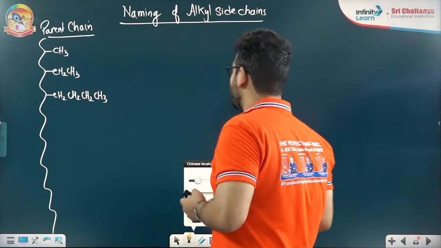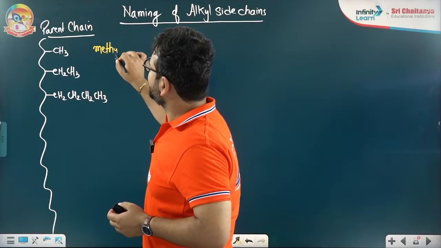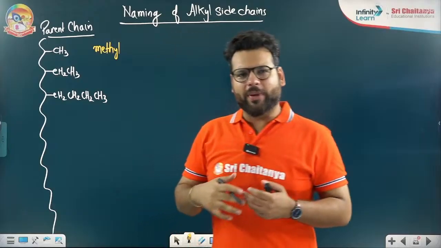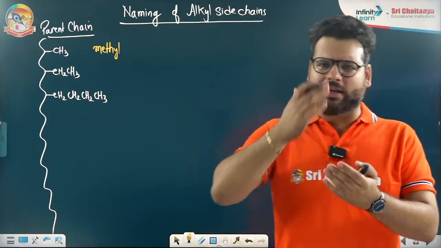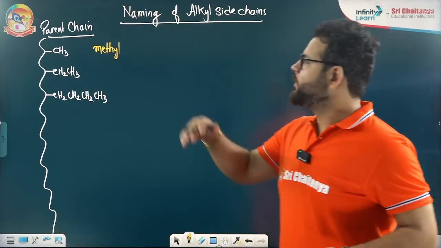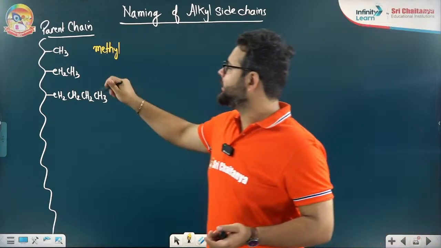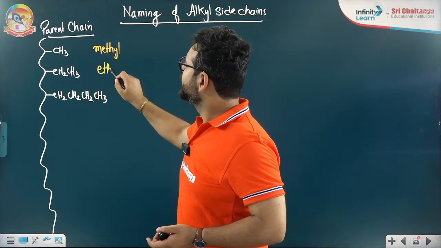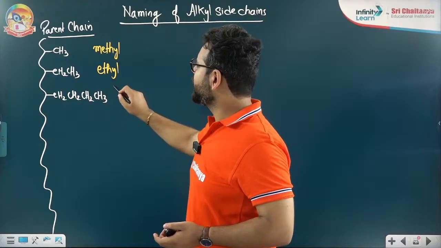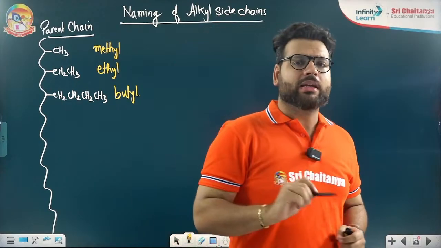So simple alkyl chain naming is done just by writing the parent chain's name, cutting the 'ane' and putting 'yl'. So alkane becomes alkyl. Methane became methyl, ethane became ethyl, and the 4-carbon butane became butyl.